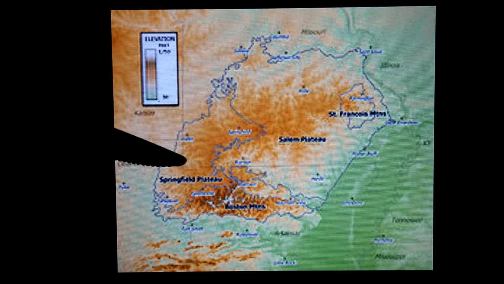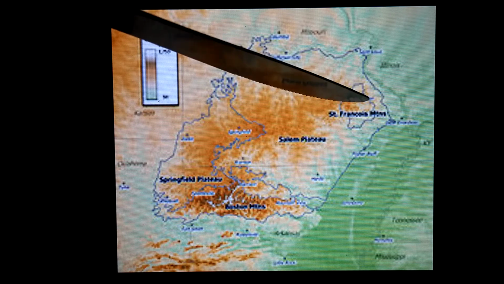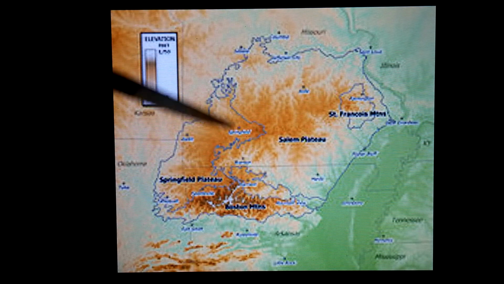All right, so the OzArk Plateau, quote unquote, is actually, there's a part called the Springfield Plateau, the Boston Mountains, the Salem Plateau, and the St. Francis Mountains, okay? So there's like 4 regions in there, but if you read the geological article on Wikipedia, it says that the OzArk Plateau is one single dome, okay?